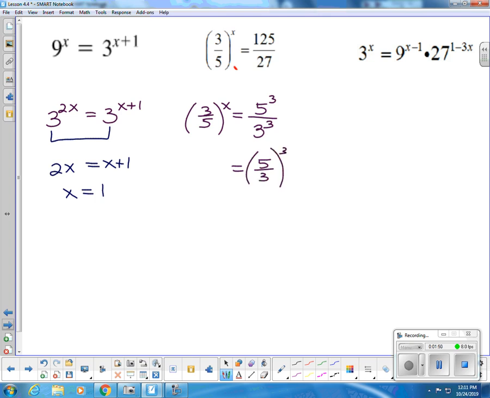So we're getting closer to what the left side looks like. But we have to flip it. So if I write the reciprocal of this base, what happens to the exponent? It changes to a negative. So now my bases are the same. So x equals negative 3. Does that kind of make sense?